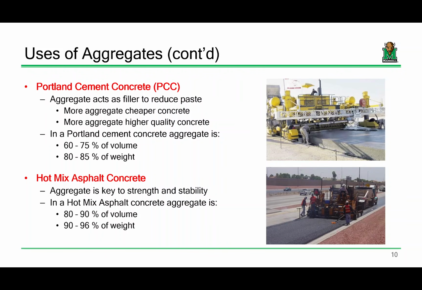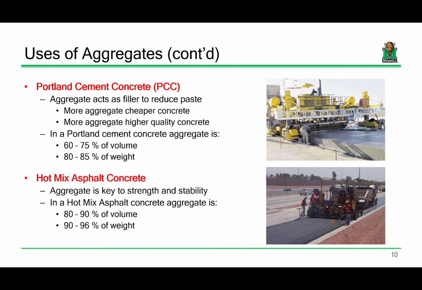But beyond that, the two really big important uses of aggregates are in concrete and asphalt. They are for both applications. Aggregates are the primary ingredient by volume and weight. They're certainly not the primary ingredient in terms of chemistry, because in the case of concrete, it is the Portland cement, in combination with water, that acts as the binding agent that binds everything together.